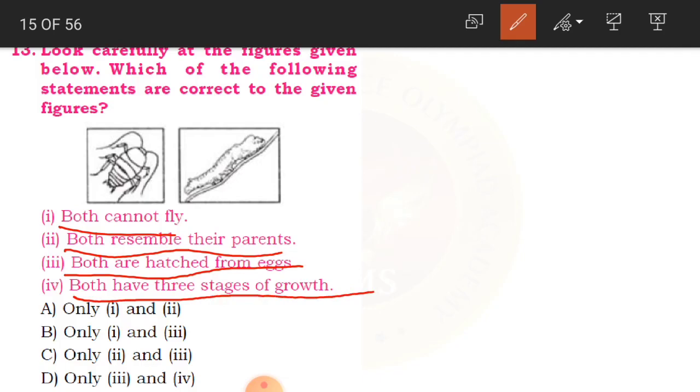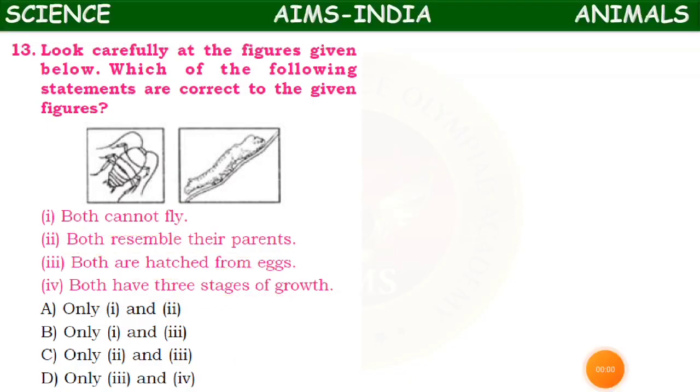Okay, see here. If you see, children, this picture is of the baby cockroach. So this one is the question, children. Look carefully at the figures given below. Which of the following statements are correct for the given figures? Here you can see, children, you have two insects.